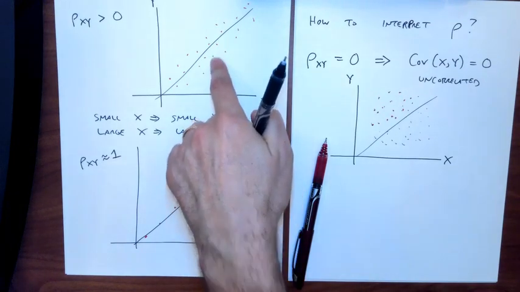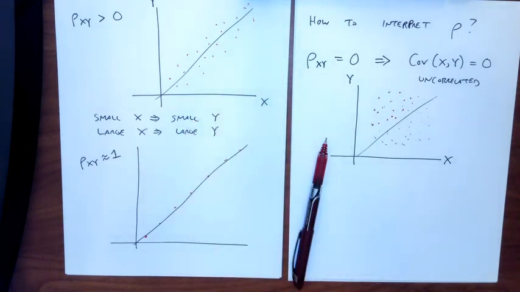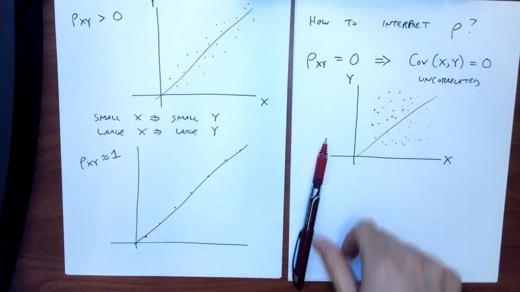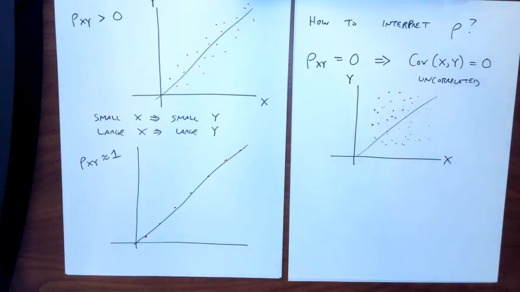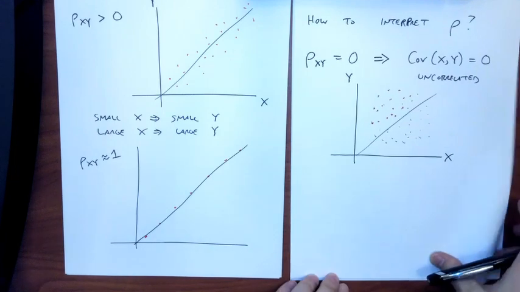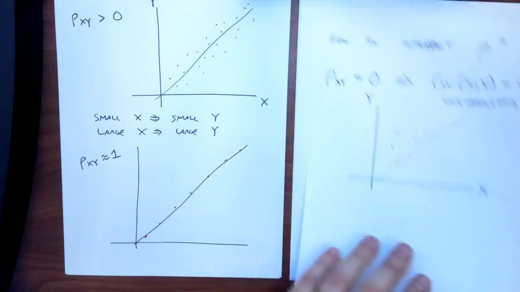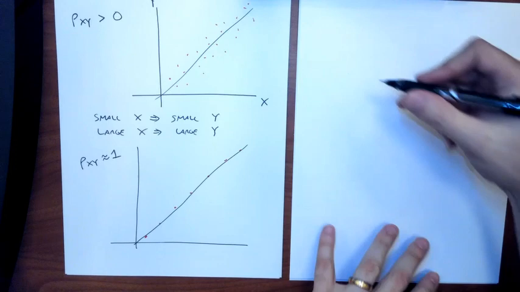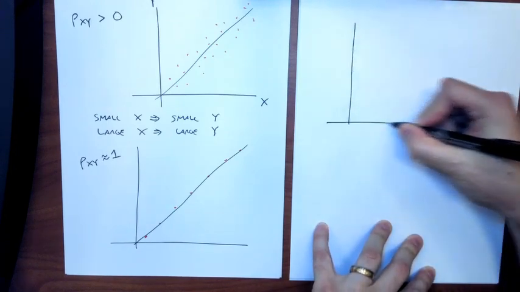Rho equals, say, 0.5 tells me that there is a relationship between these two variables and that one is slightly predictable from the other one. And rho equals 1 tells me that if you tell me x, I know for sure what y is going to be, right? And then what happens if rho is negative? If that happens, it means that there's a negative slope instead of a positive slope.